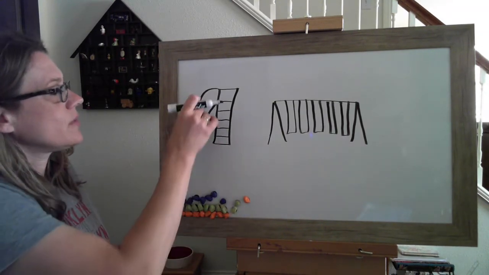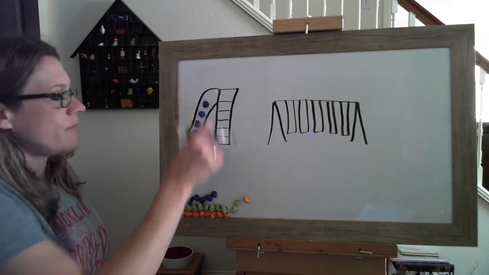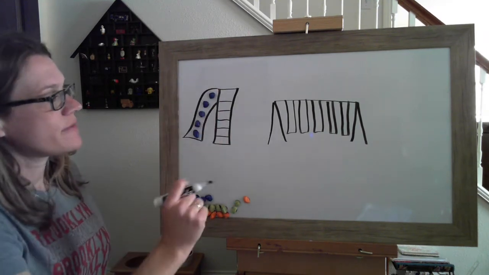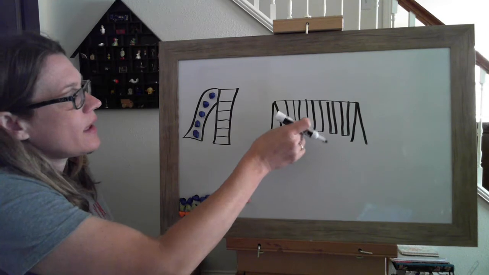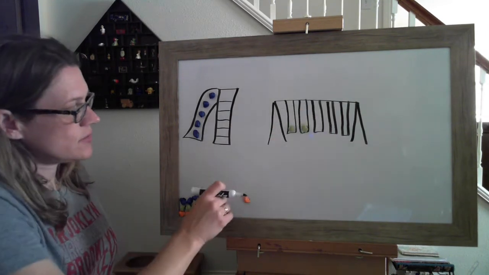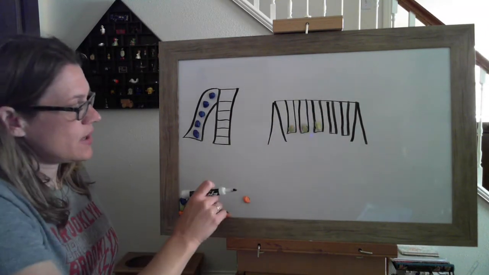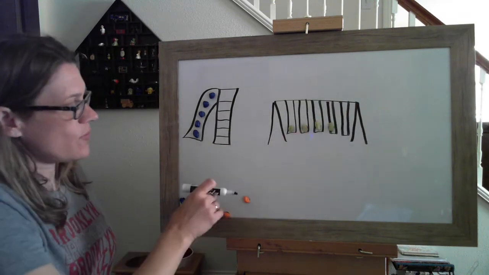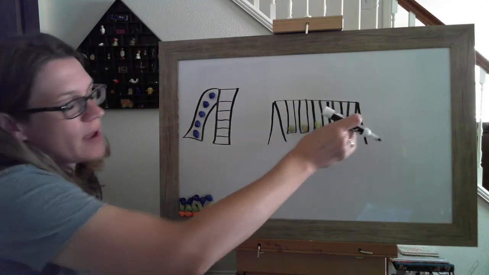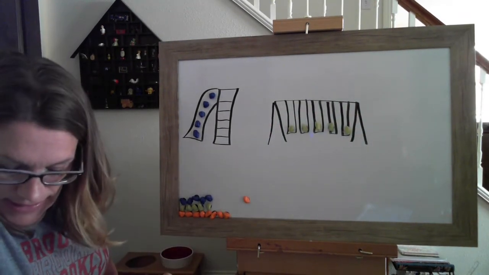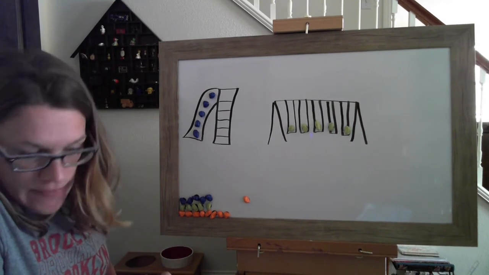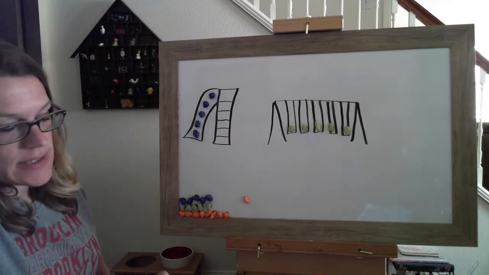So we have 1, 2, 3, 4, 5, and 1, 2, 3, 4, 5. And then last we have 5 elephant seals.